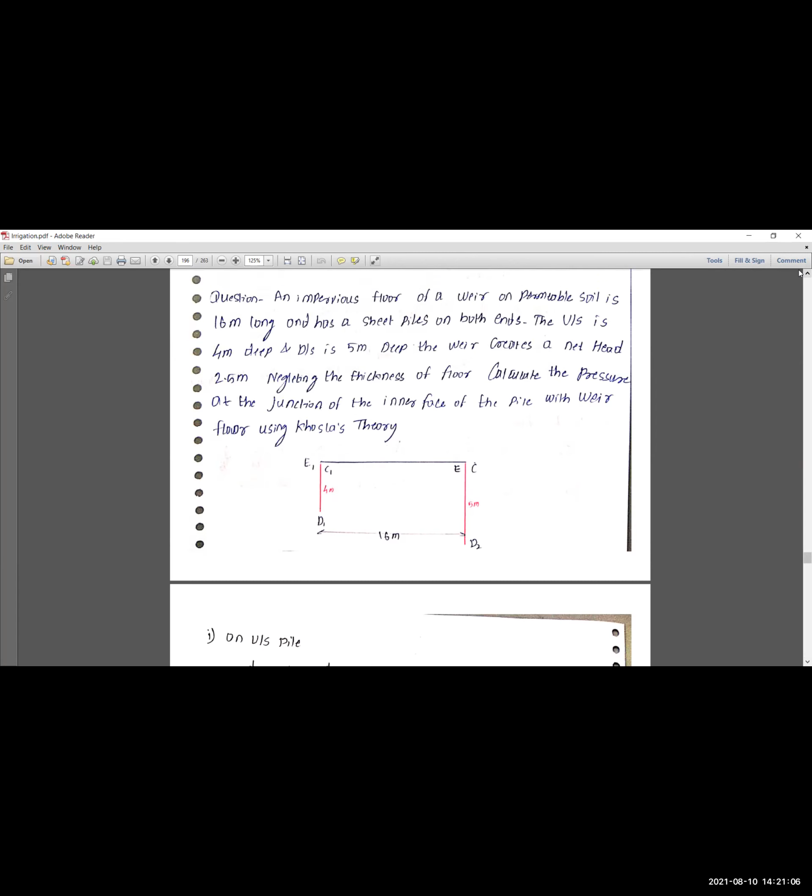The upstream is 4 meter deep and downstream is 5 meter deep. The weir creates a net head, that is head difference, of 2.5 meter. So thickness of floor is also neglected. Then calculate the pressure at the junction of the inner face of the pile with the weir floor using Khosla's theory.